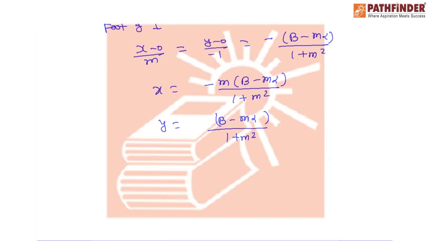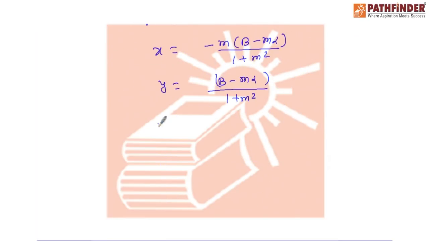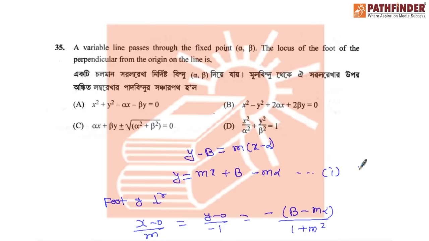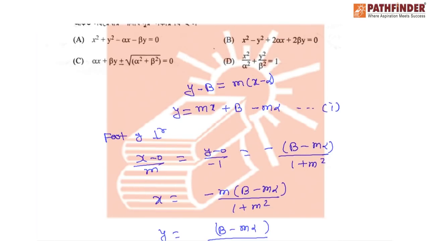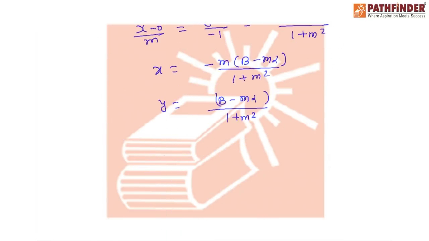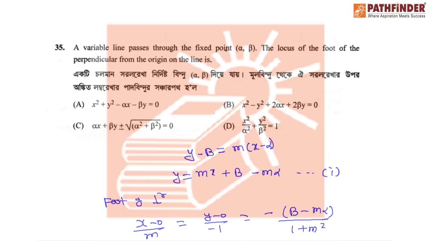Since x equal to minus my, put it in the first equation. After putting it we will get the final result as x square plus y square minus alpha x minus beta y is equal to 0, which is given in option A.